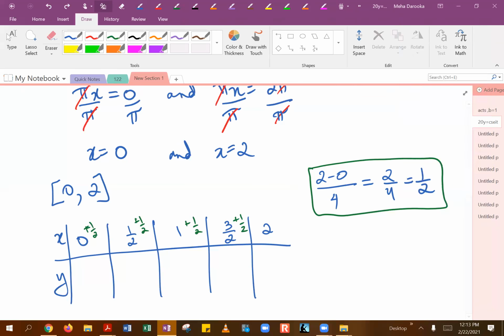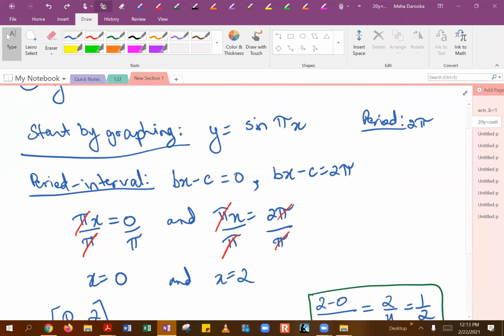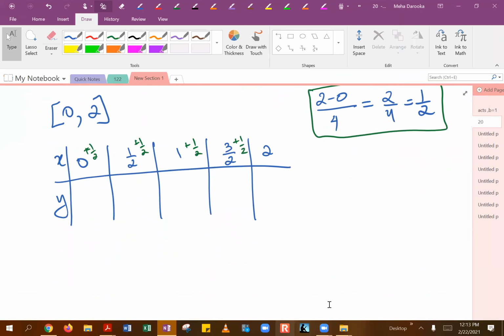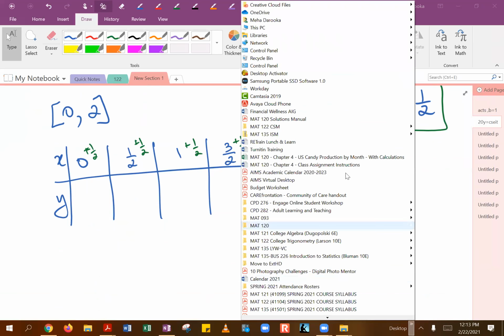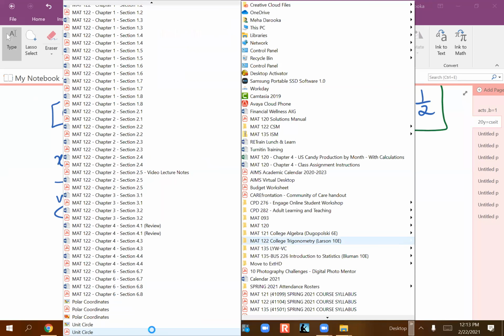And guys, the simple thing is, if you're not sure, just plug it into your sine function and see what you get. If x equals 0, pi times 0 is 0, and sine of 0 is 0. You can go back to using the unit circle to come up with those numbers.